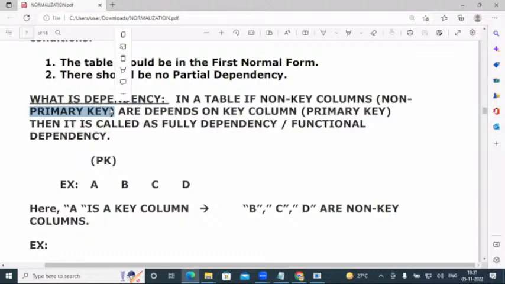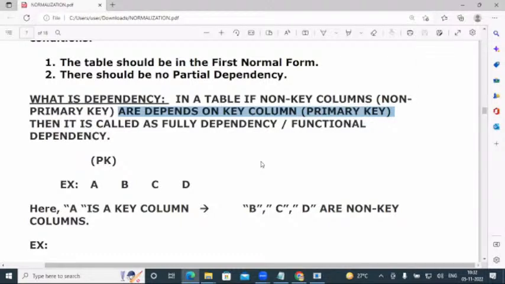These are the three very important ones. These we already discussed in our constraints concept. You can go and refer. Now here, non-key columns means non-primary key columns depend on key column. Key column means primary key column.